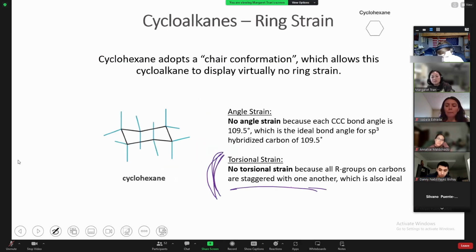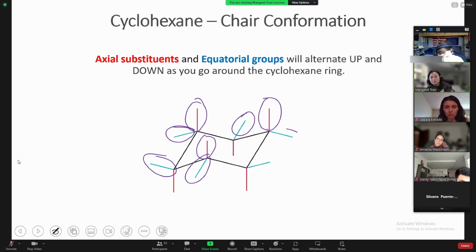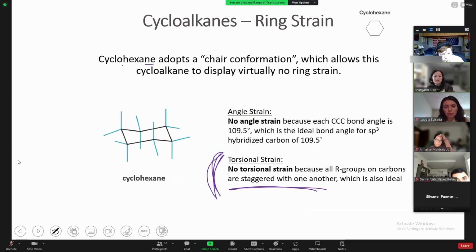All of the R groups are going to be staggered from one another, going up, down, up, down, up, down, alternating. So there's not going to be that much strain. Does that make sense? Same thing with the equatorial, it's going to go up and down. Therefore, there's no real steric hindrance for these. That's why it's very nice that cyclohexane has that chair conformation, because there's no angle strain or torsional strain.